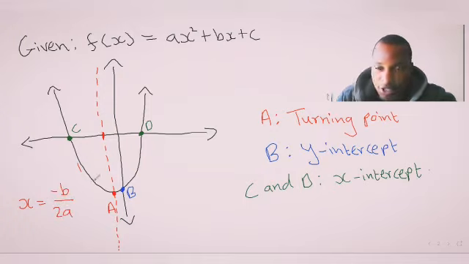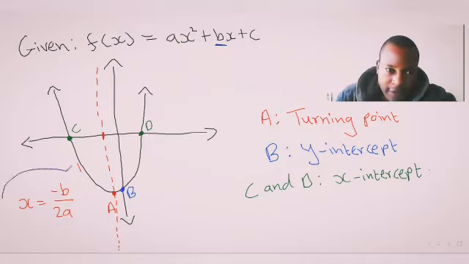The equation for the turning point, to find the x value, is x = -b/2a, which is also the equation of symmetry for the quadratic function itself. Remember that b is the coefficient of x, and a is the coefficient of x squared.